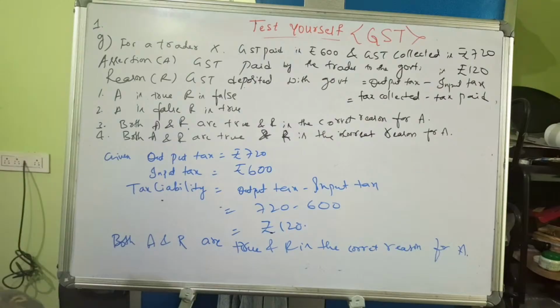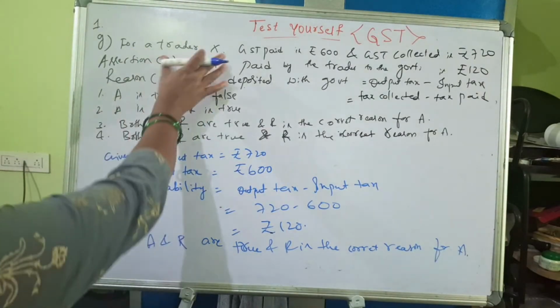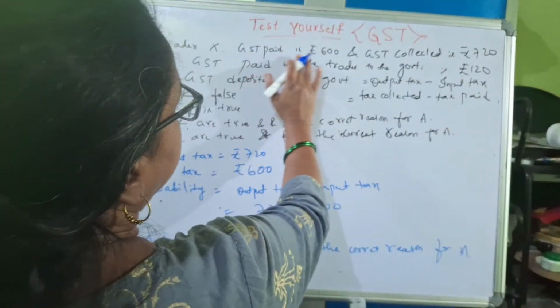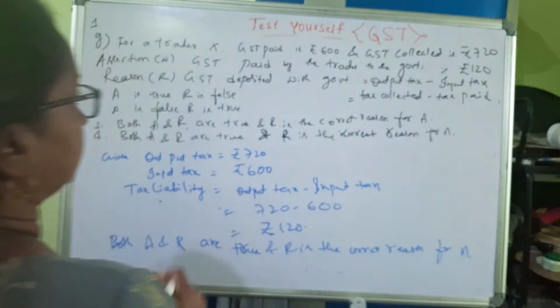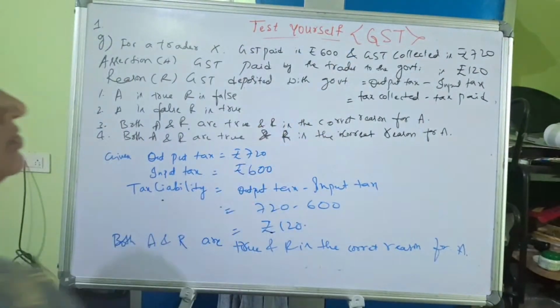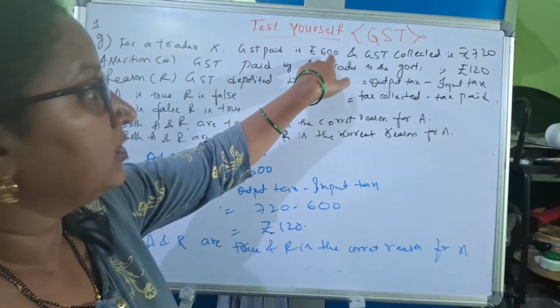The next question is, for a trader named X, GST paid is rupees 600. That means the trader has paid a tax of rupees 600. This is an input tax.